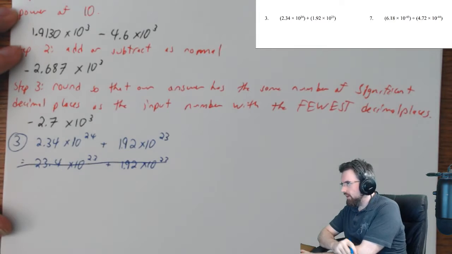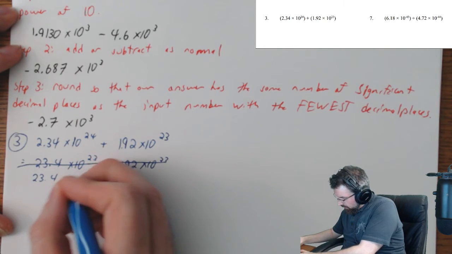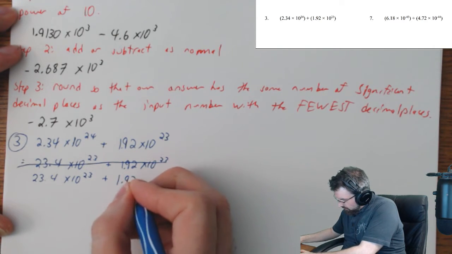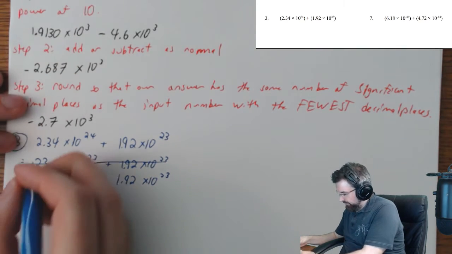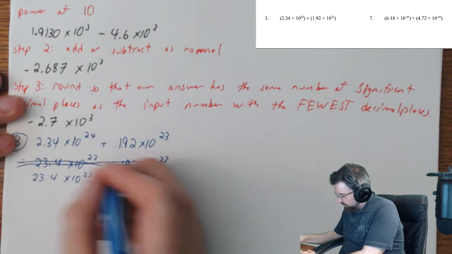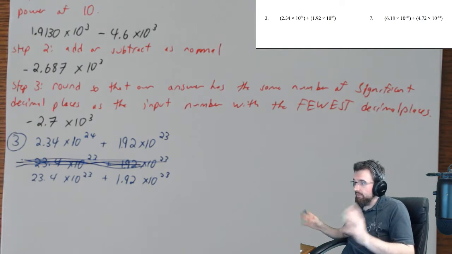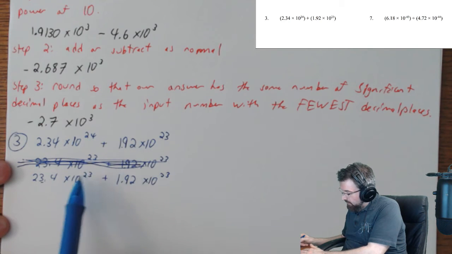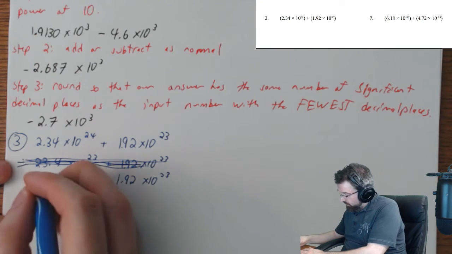You can move either one, either direction. It doesn't actually matter. 23.4 times 10 to the 23. Forget that I scratched it out, I just wrote the same thing down again. The only important part is to make sure that we have the same exponent on both. And these move like so.